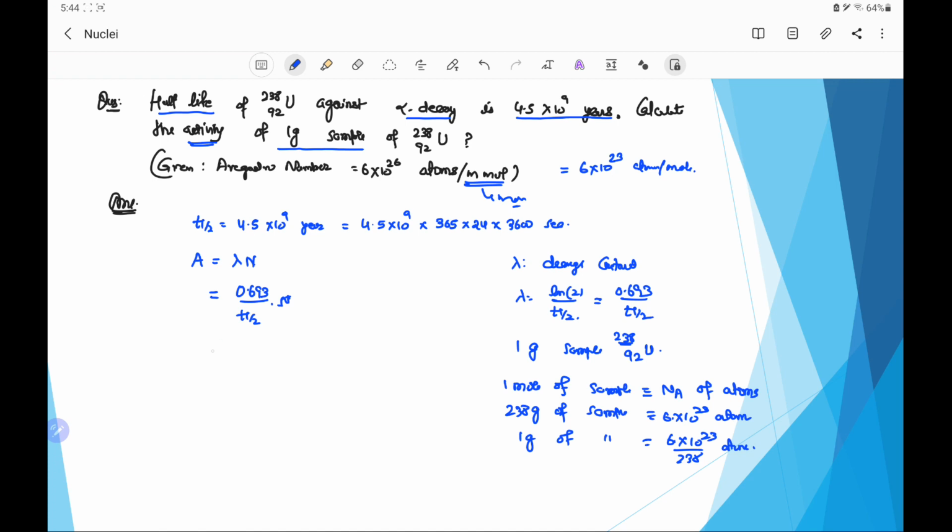Now substituting the values here, 0.693 divided by half-life, which is 4.5 into 10 raised to the power 9 into 365 into 24 into 3600, multiplied by the number of nuclei, which is 6 into 10 power 23 by 238. This on solving will give 1.23 into 10 raised to the power 4 per second. This is the activity of the sample.